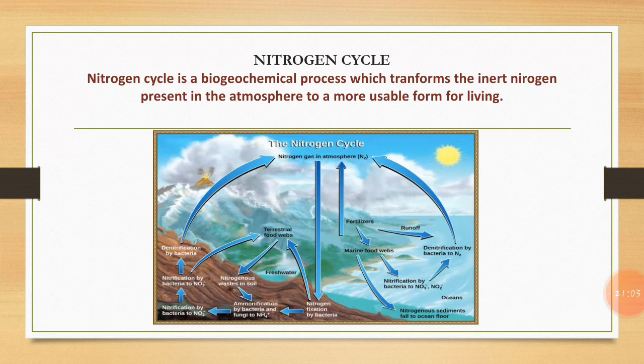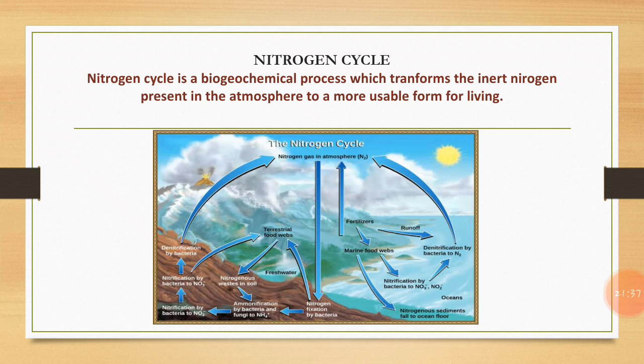Here the atmospheric nitrogen, which is available in the atmosphere in inert form, is converted into a usable form such as ammonia. The formula of ammonia is NH3.